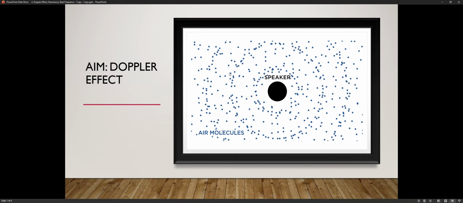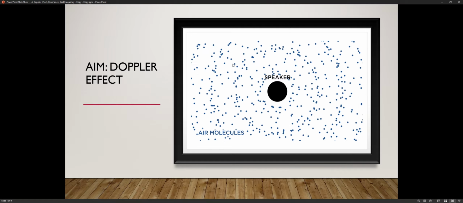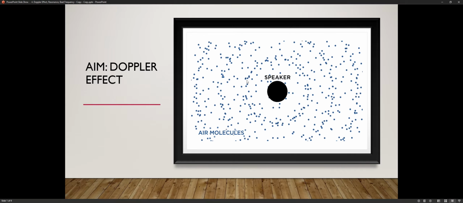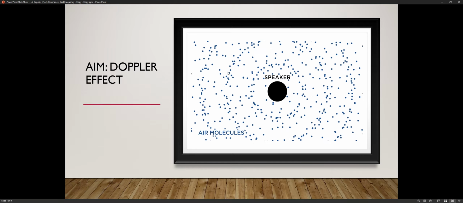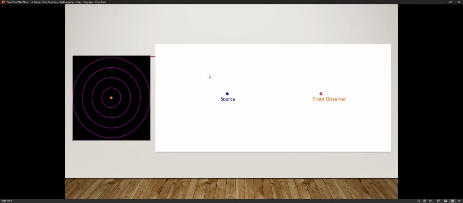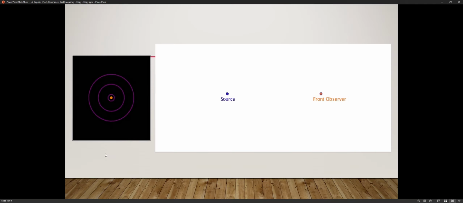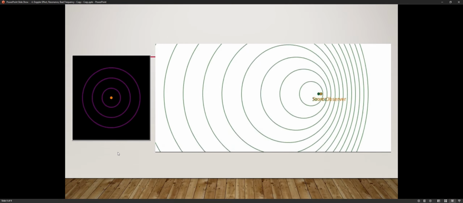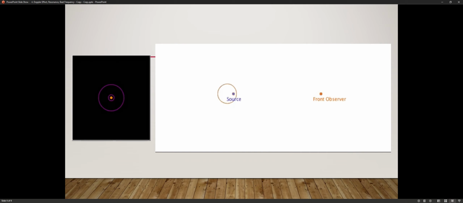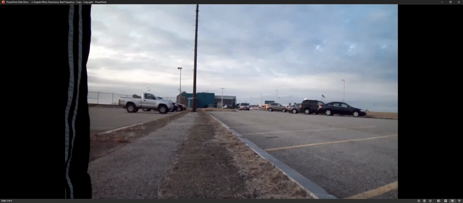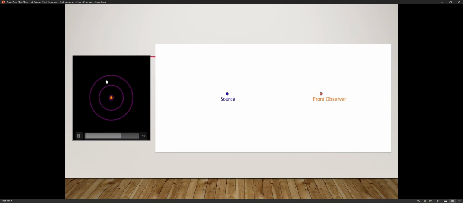And where you see a lot of space in between them, that's rarefaction. So you see these lines spreading outwards. And so that's what is being represented on the left GIF. Those purple lines are the bunched up, compressed waves, and they correspond to the top of this wavelength. The top is what it's corresponding to, and the bottom is corresponding to the space in between.